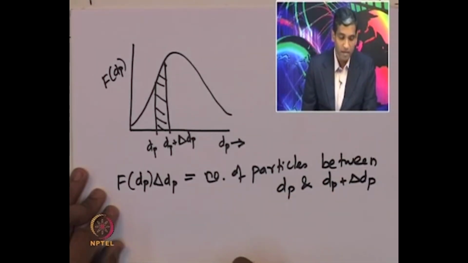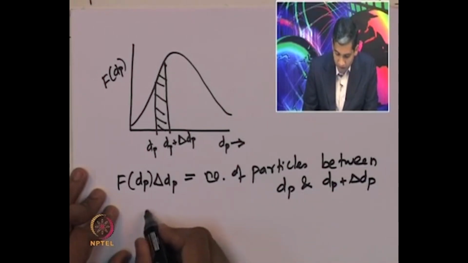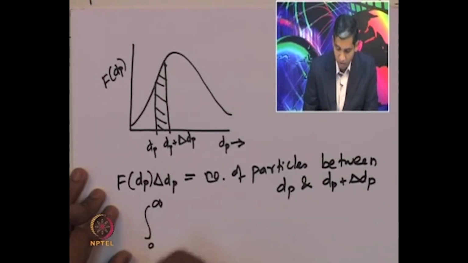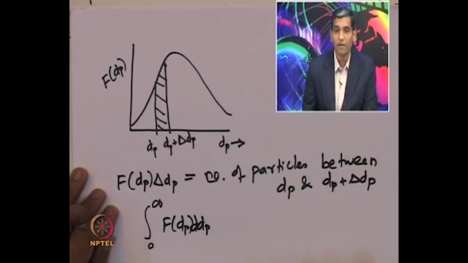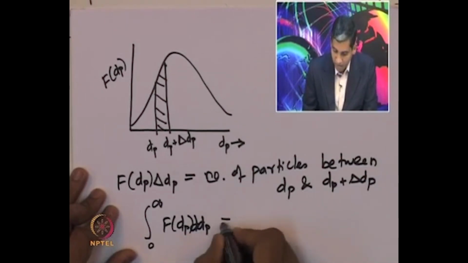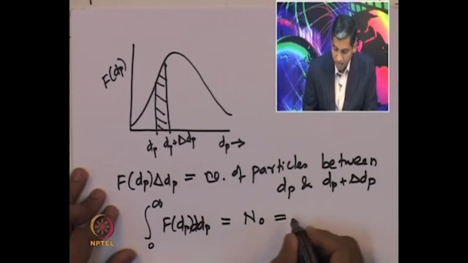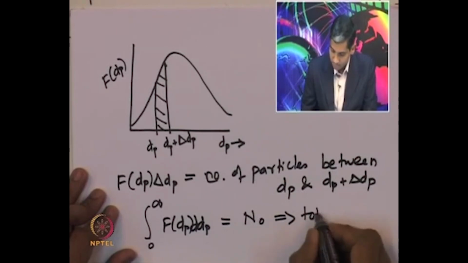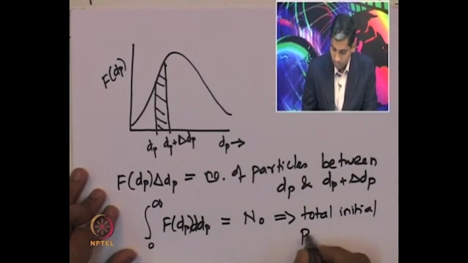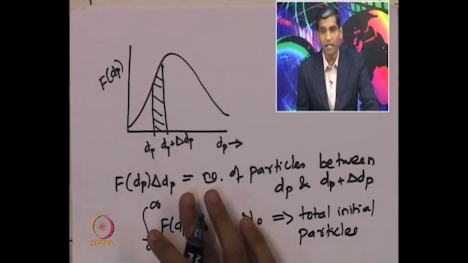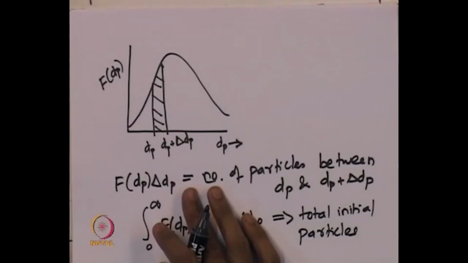Moreover, if we integrate this expression from 0 to infinity, f of dp into the differential of the diameter of the particle, that should be equal to n naught, which is the total initial particles which are present.